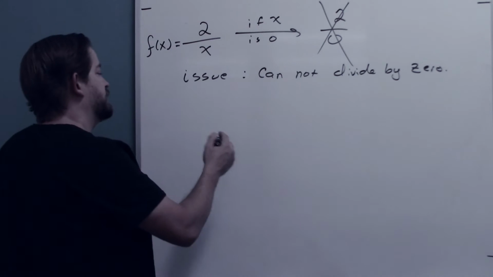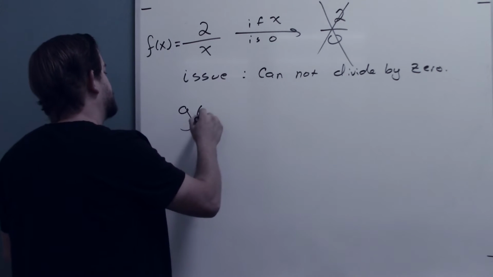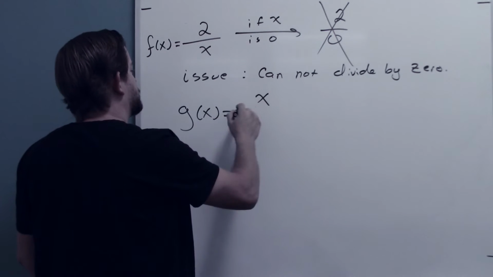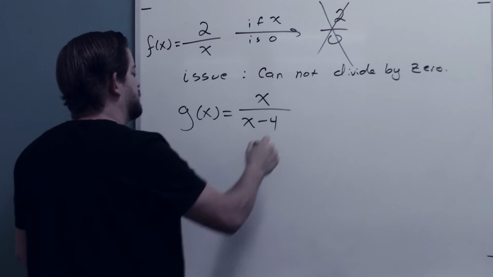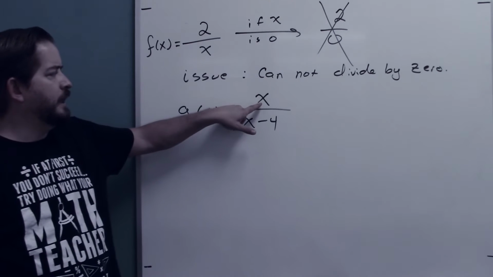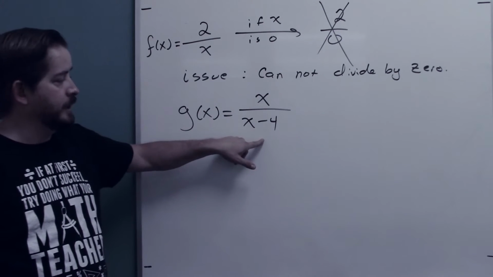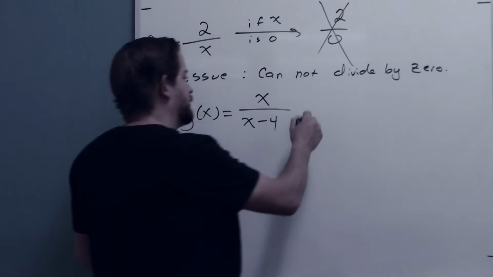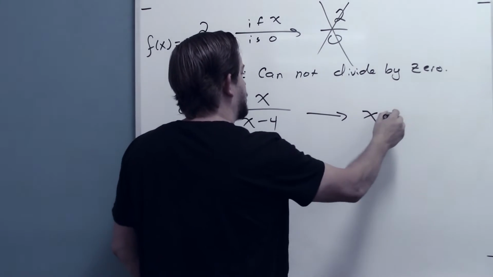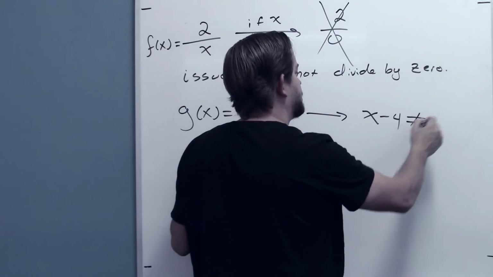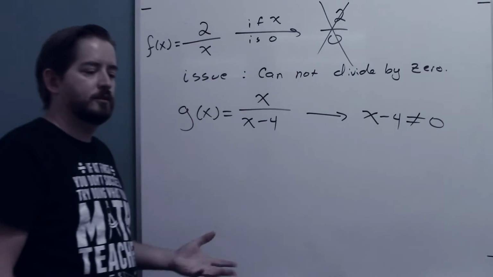And so if I have an expression, let's call this g of x equals whatever, x over x minus 4, I don't really care about the numerator here so much. What I care about is that this denominator cannot be 0. And therefore, I say x minus 4, the denominator, cannot be 0, and this defines my domain.